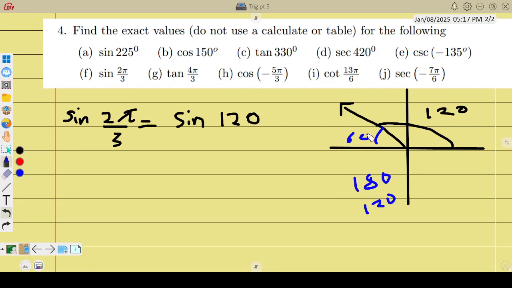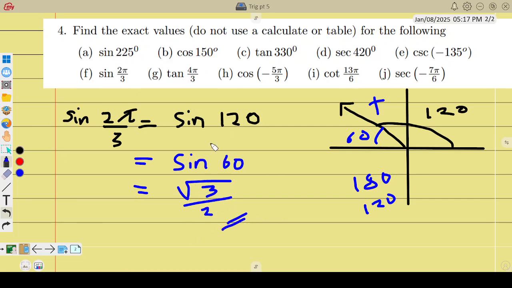It is 60. So sine 120 is the same as writing sine 60. And then in the second quadrant, sine is positive. So this is positive. So what is sine 60? So sine 60, when you count and do anything possible, it is root 3 over 2. Okay, we have answered this one.